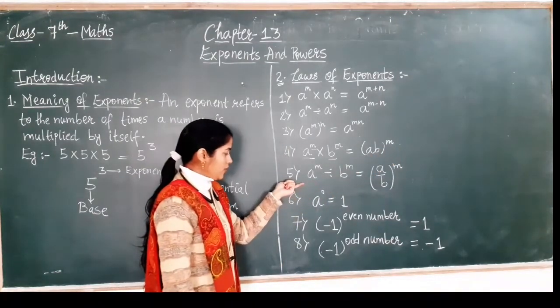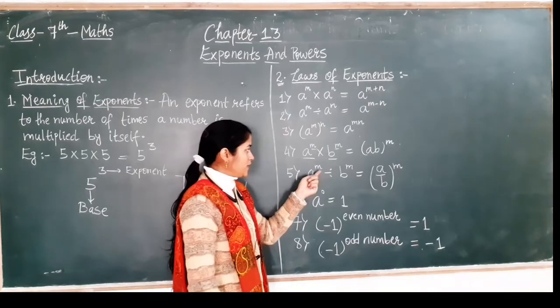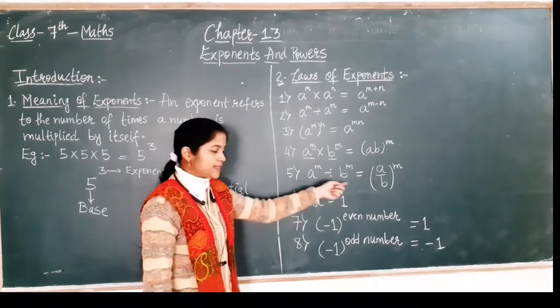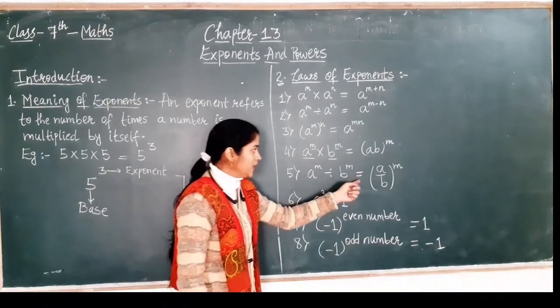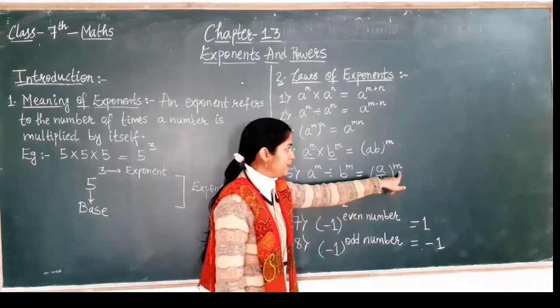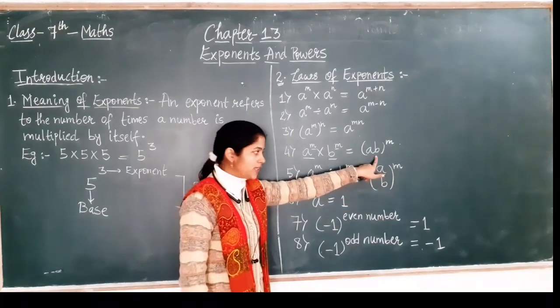The fifth law says a raised to the power m divided by b raised to the power m. Here also the bases are different and the powers are the same. It is equal to a divided by b whole to the power m, same as we have seen in the fourth law.